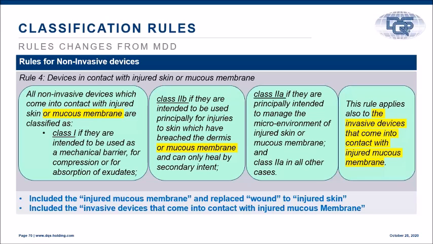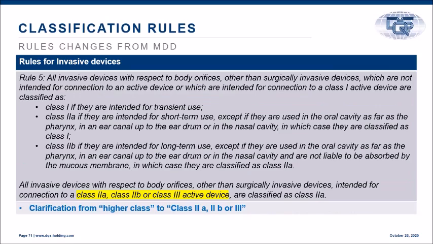Invasive devices coming into contact with injured mucous membrane is an introduction which has been done in MDR now. All invasive devices with respect to body orifice, other than surgically invasive devices, intended for connection to a class 2A, 2B or class 3 device are classified as class 2A.